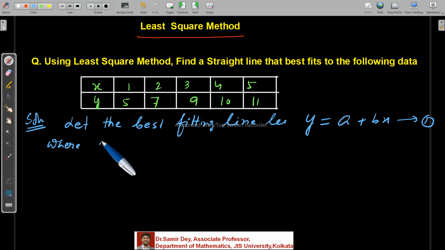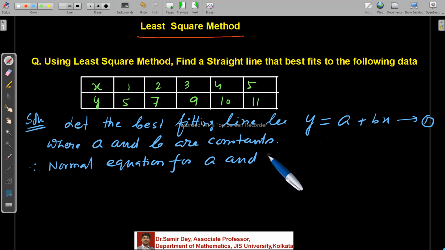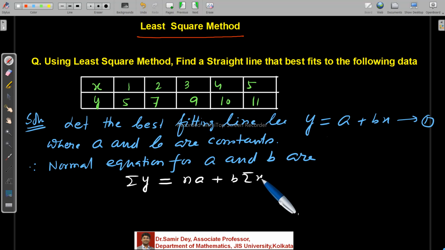Where a and b are constants. So write down, therefore, the normal equations for a and b are: number 1, summation y = na + b summation x.